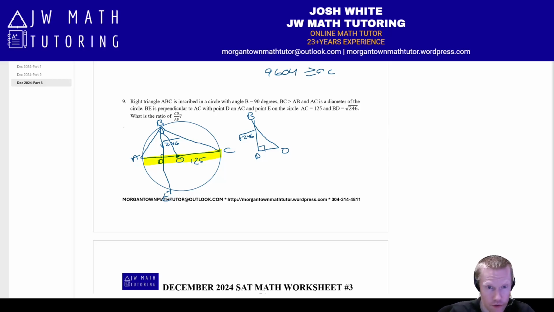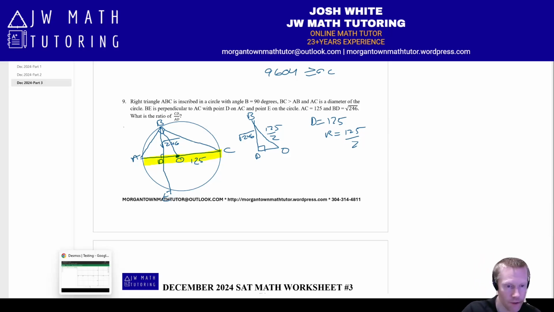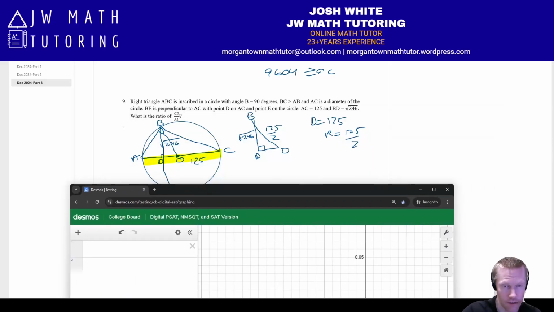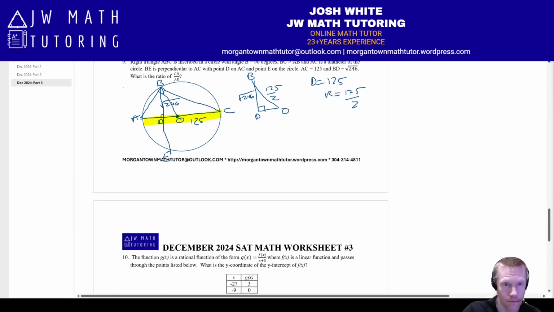The hypotenuse is also a radius of the circle. Now, if AC is a diameter, that means the diameter of the circle is 125, which means the radius is half that. So it's 125 over 2. Now I'm going to use the Pythagorean theorem to find DO, this other leg of this right triangle. And I'll explain why we do that in a second.